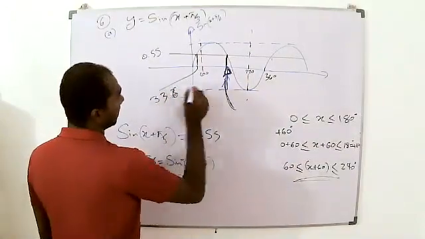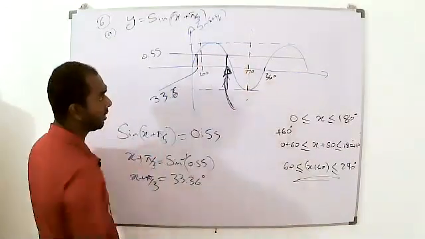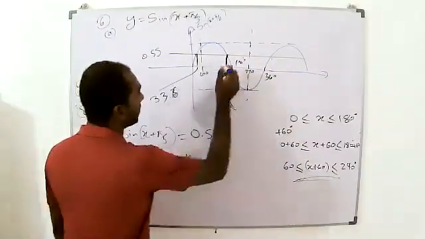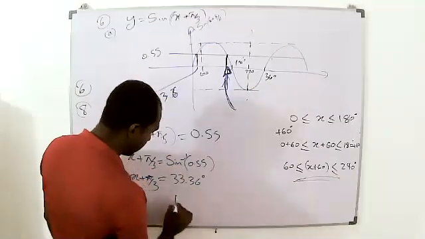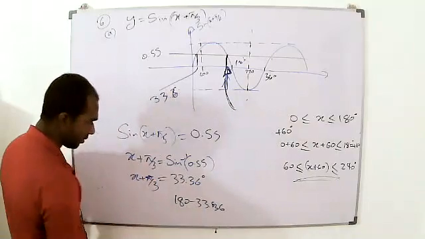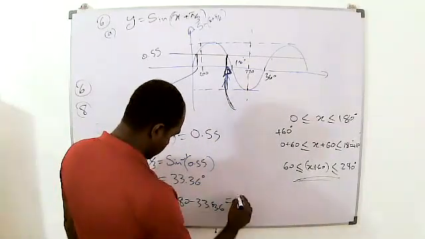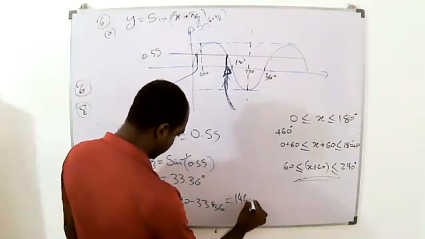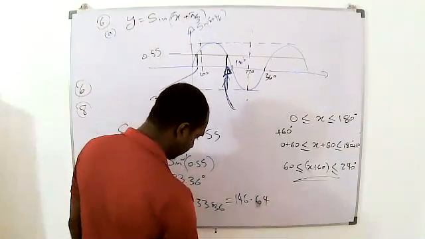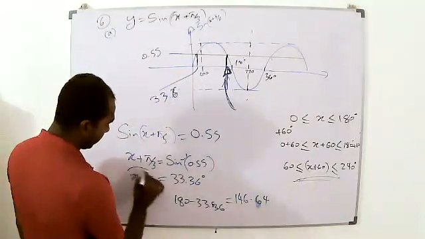From the symmetry, this same gap should be here. This value is 180 degrees. So from that gap, we can find this value: 180 minus 33.36. So that value is going to be 146.64.